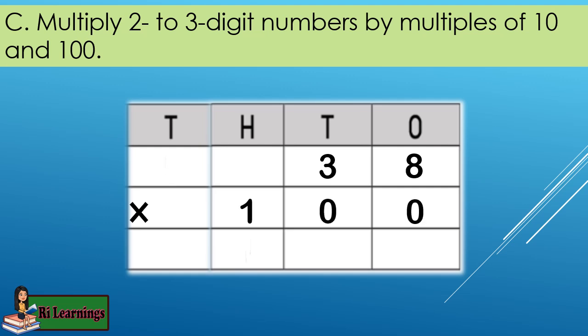Multiply only the non-zero digit of the multiplier to the multiplicand. 8 times 1 equals 8. 3 times 1 equals 3. Step 3. Add the number of zeros of the multiplier to the partial product in step 2. We have 2 zeros. The final product is 3,800.